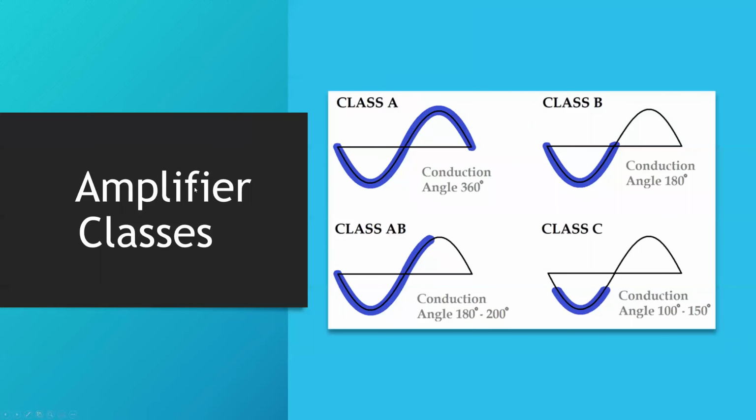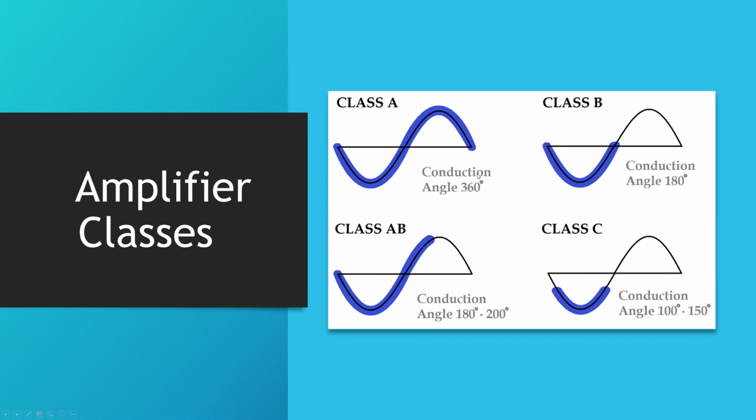Now, we're going to talk about amplifier classes. Amplifiers are classified based on the portion of the input cycle during which the active device conducts current. This is defined as the conduction angle. For example, a Class A power amplifier has a conduction angle of 360 degrees.